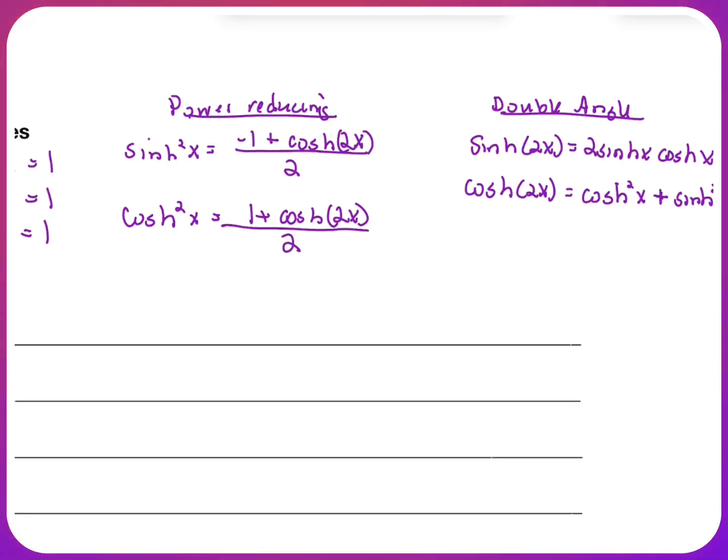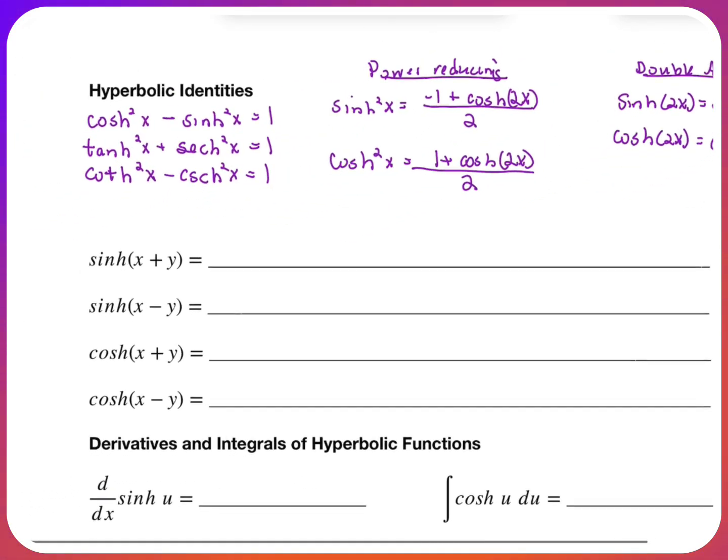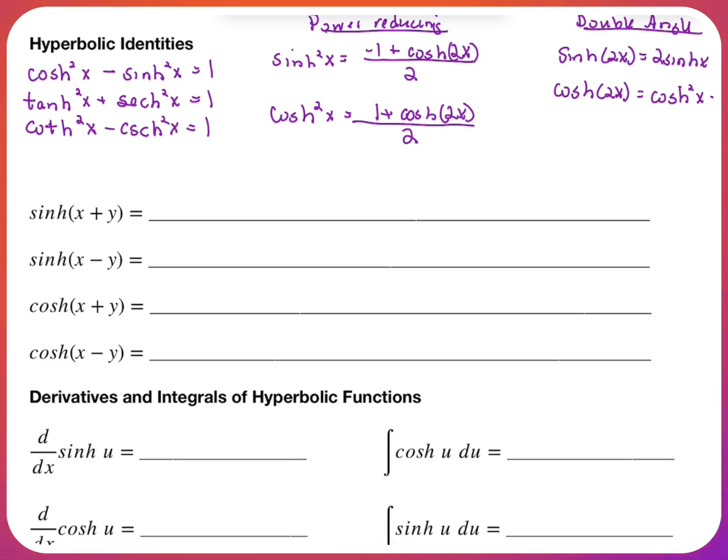And then another time you might also need to do some operations where you need to add or subtract the hyperbolic sine and hyperbolic cosine. So let's look at the sum and difference formulas for the hyperbolic sine and hyperbolic cosine first.